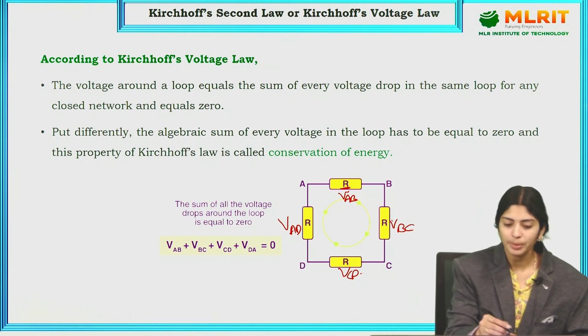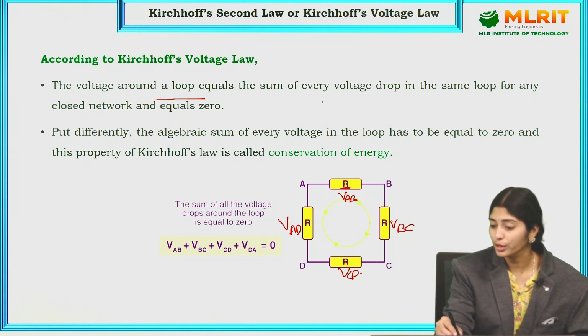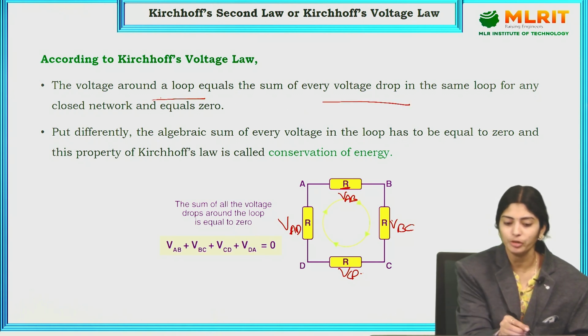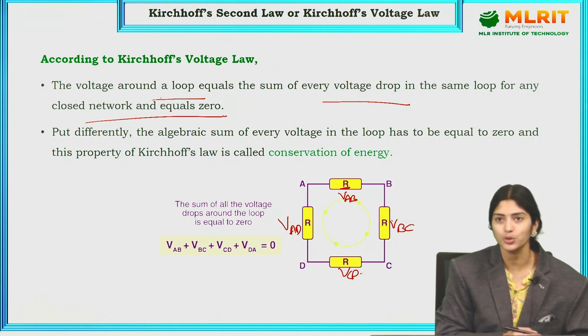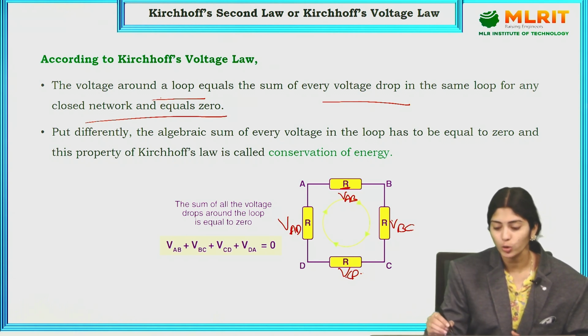The algebraic sum of voltages around a closed loop equals the sum of every voltage drop in the same loop, and for any closed network it is equal to 0. Only these voltages are there, so we add all these voltages and make it equal to 0.